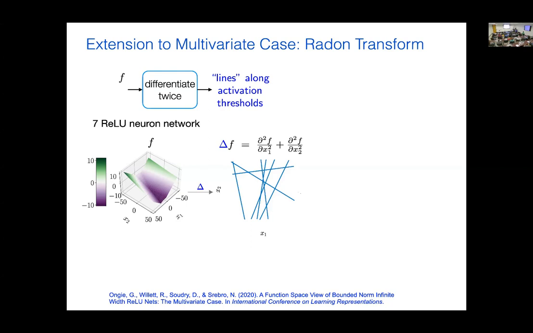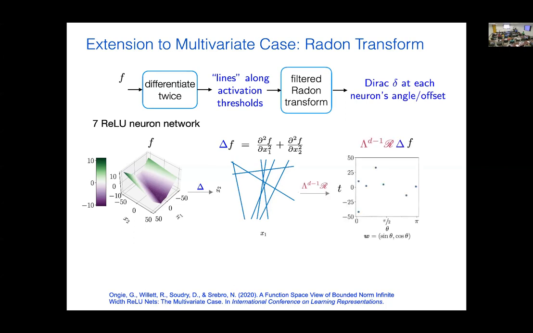Okay, and now here's where this Radon transform comes in. The Radon transform is going to project or integrate in all these different directions. If you integrate right along the direction of one of these lines, you'll get a Dirac impulse. And that's what this filtered Radon transform does. It takes this picture, which you could think of as a bunch of Dirac lines, and converts them into impulses.